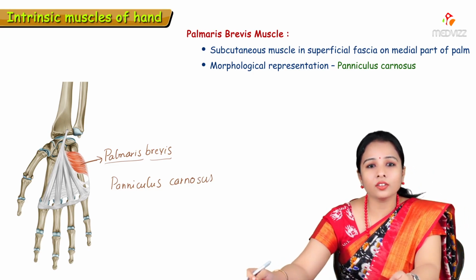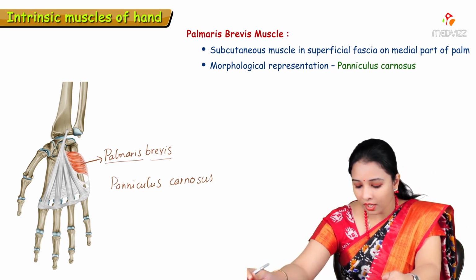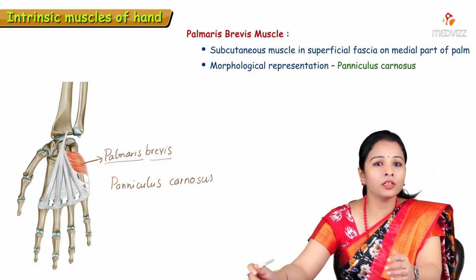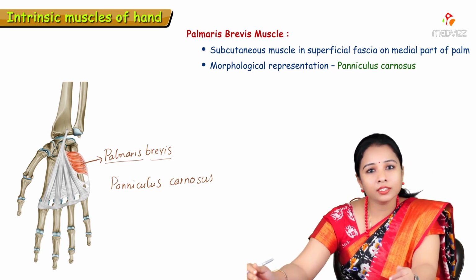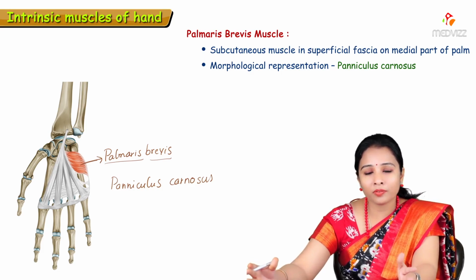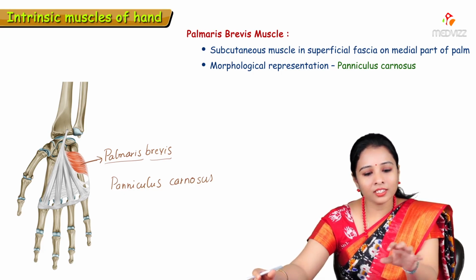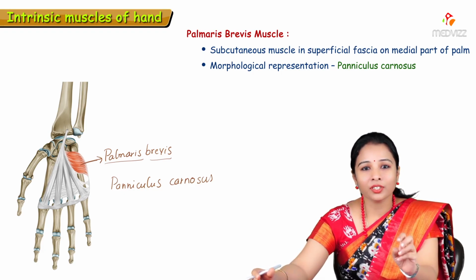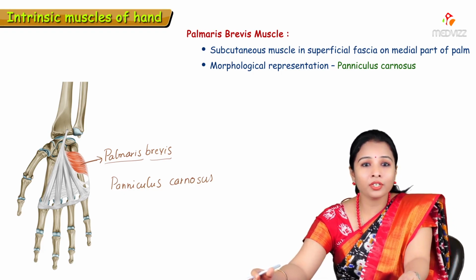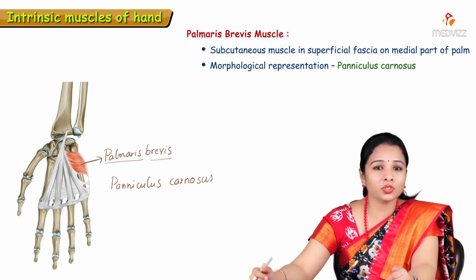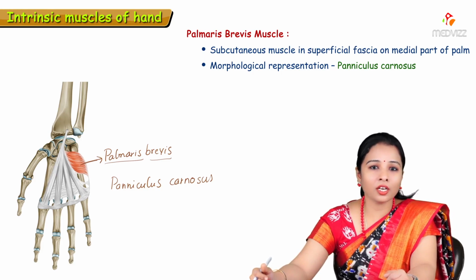So what is this Panniculus carnosus? It is a subcutaneous muscle which is present in the lower animals. For example, if you see calves or buffaloes, if a fly sits over their skin, it just shakes its skin, right? That is because of a subcutaneous muscle which is present within the skin and attaches to the skin, called Panniculus carnosus.